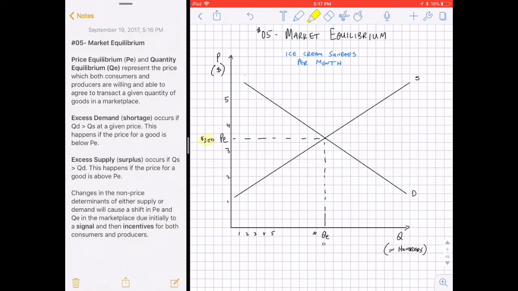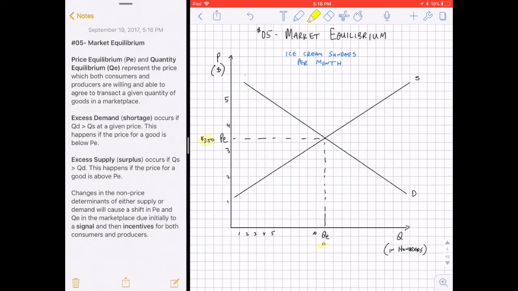Now, I have the price on the vertical axis in US dollars. On the horizontal axis, I just made up a value here that makes talking about this graph make a little bit more sense. In this case, 1,100 ice cream sundaes being bought and sold at that price per month.